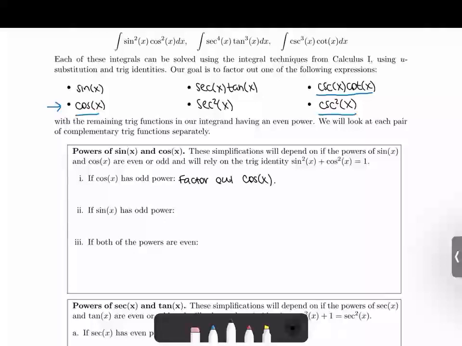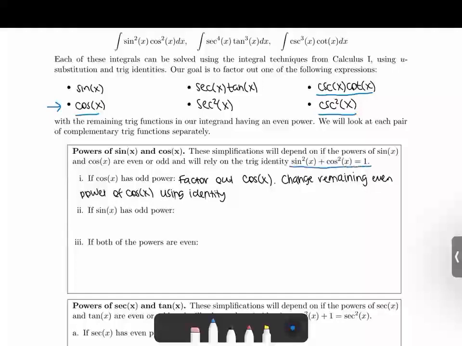And so we are going to change that remaining even power of cosine using the Pythagorean identity. So we have this Pythagorean identity here, sine squared plus cosine squared equals 1. And we're just going to solve for cosine squared by subtracting that sine squared from both sides.